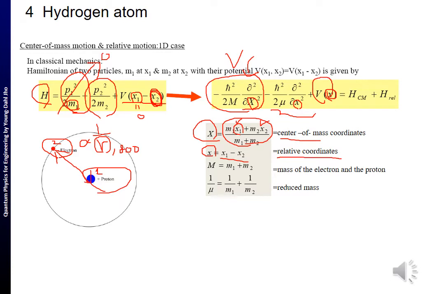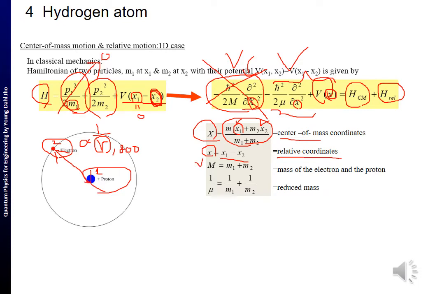It doesn't have confinement energy, so in quantum mechanics it doesn't generate interesting issues. We mostly care about this part, the relative coordinate. The first part can be replaced by HCM, the Hamiltonian of the center of mass. And the second part is HREL, the Hamiltonian of the relative coordinate.